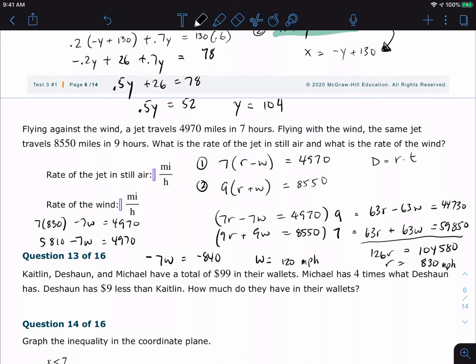So that's the wind. That's the plane. That's the wind. We okay? Yeah.